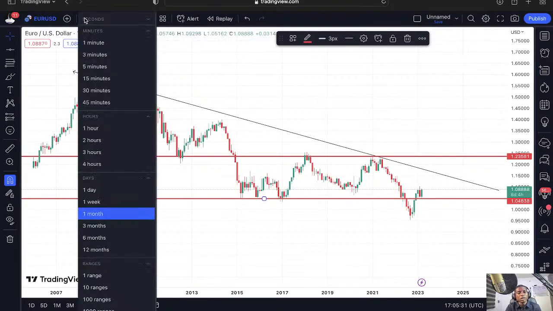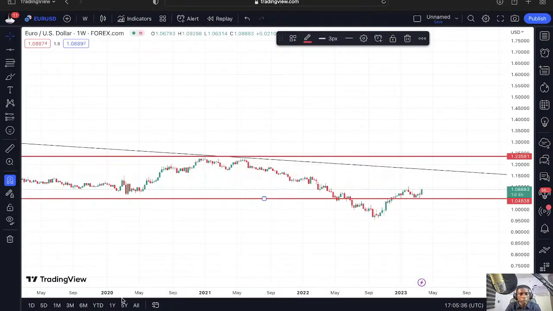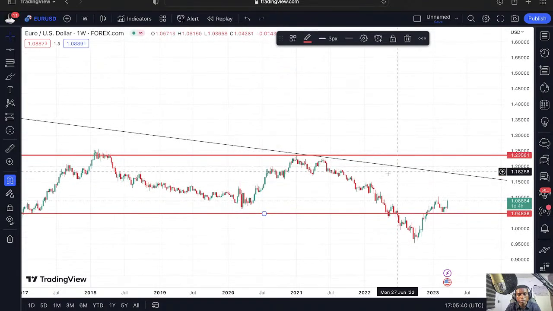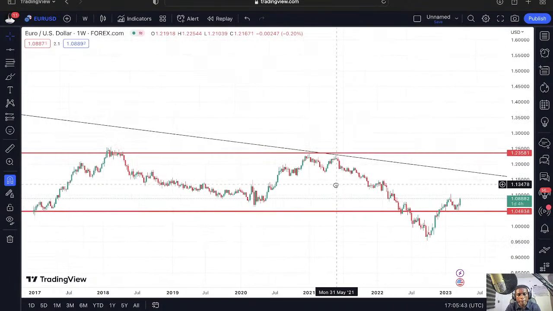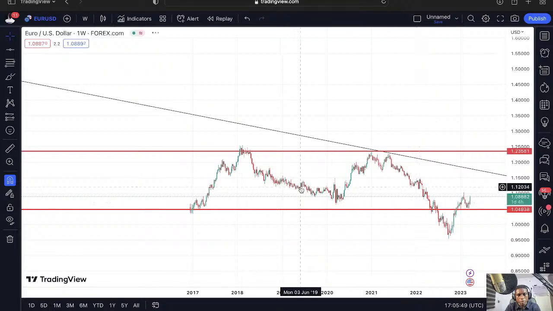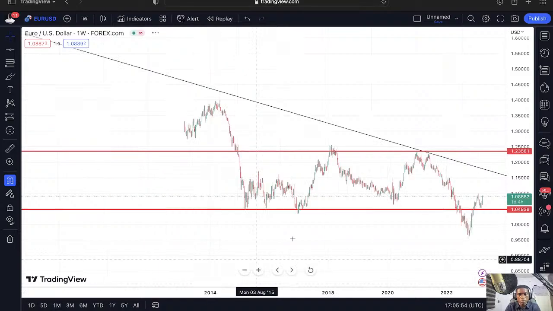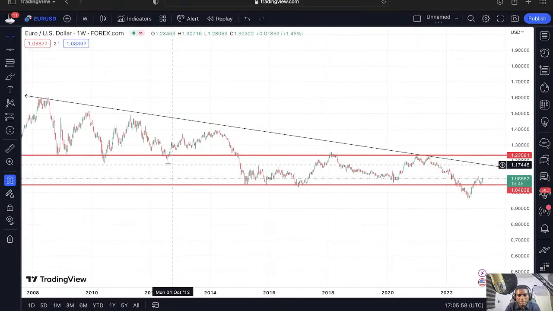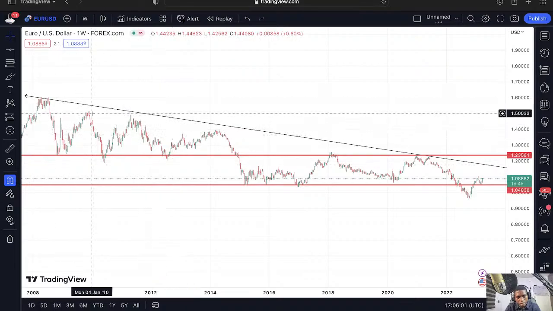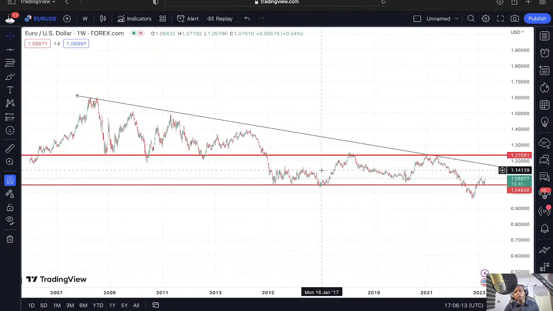So let's go to the weekly time frame. Okay, so here on the weekly time frame, we can see that price created like a descending triangle, okay, and broke downward, came here, and then we can see a consolidation from the weekly time frame.